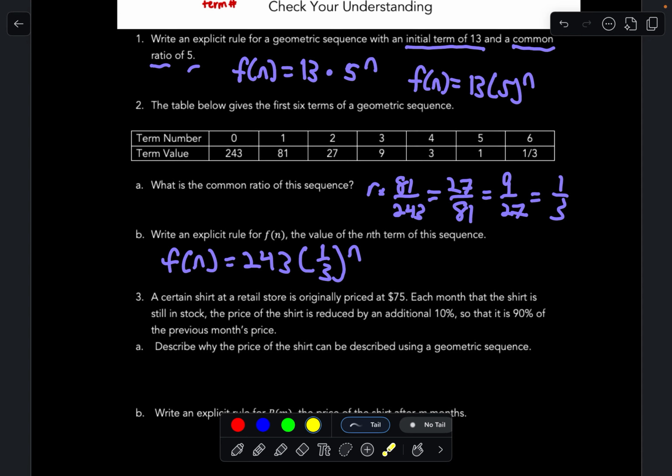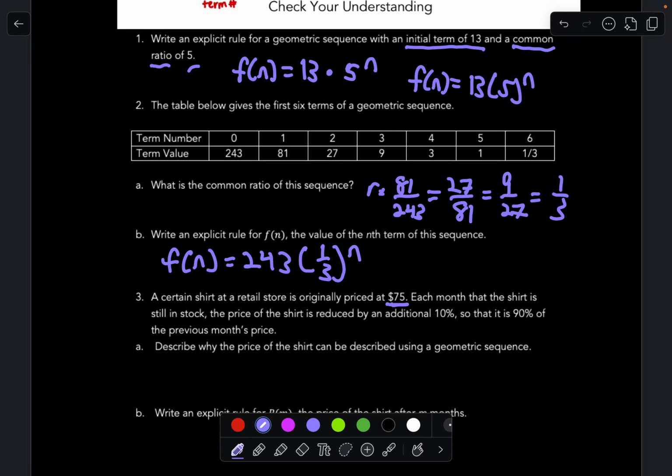Question 3: a certain shirt at a retail store is originally priced $75. That's the original price. Each month that the shirt is still in stock, the price of the shirt is reduced by an additional 10%, so that it is 90% of the previous month's price.